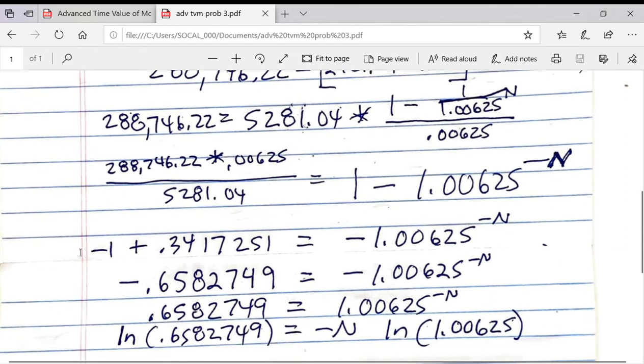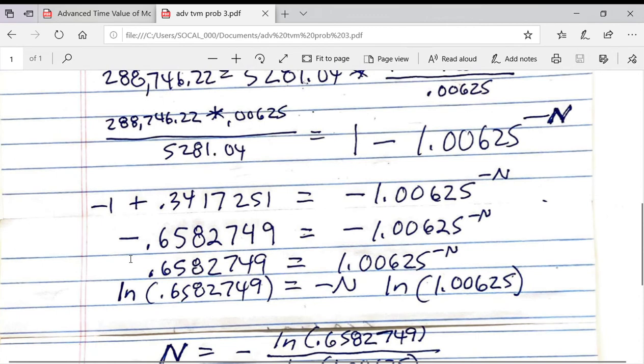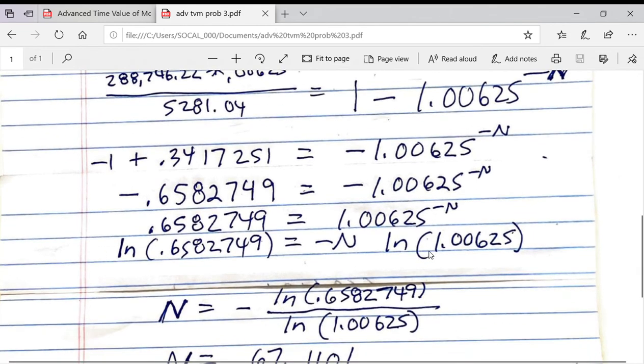Next step, I'm going to subtract 1 from both sides, so I have minus 1 plus 0.3417251 equals negative 1.00625 to the negative n. Okay? So over here I have negative 0.6582749 equals negative 1.00625 to the negative n. Multiply both sides by minus 1, and I get 0.6582749 equals 1.00625 to the negative n.